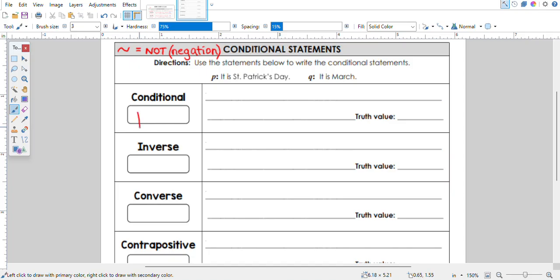The way we write a conditional is P, with a little arrow to Q. The way conditionals work is if P, and the arrow is kind of like saying then Q. I'm going to write this as: if it is St. Patrick's Day, that is my P, then, and now my Q, it is March.